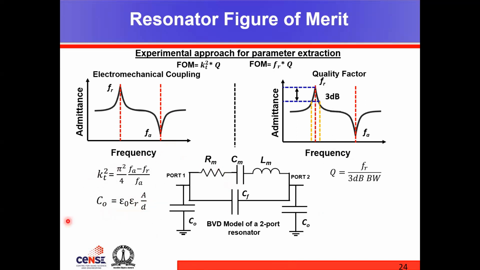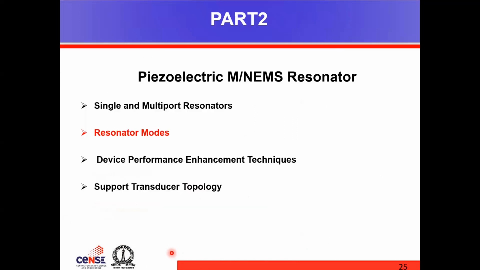So using these parameters, that is KT square, C0, F bar, and Q, we will be able to calculate the motional parameters, that is RM, LM, and CM. Using these parameters, all the terms of the electrical model of the resonator can be calculated, and this is critical to implement systems such as oscillators, filters, etc.